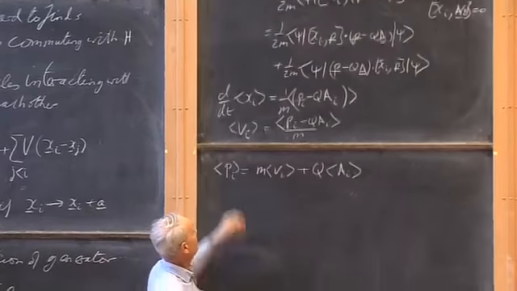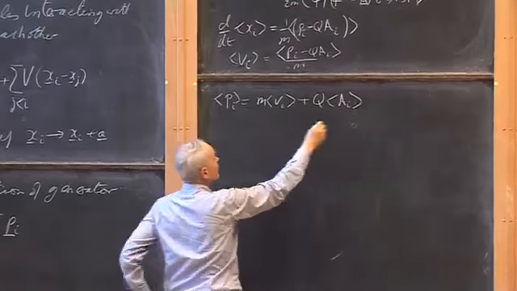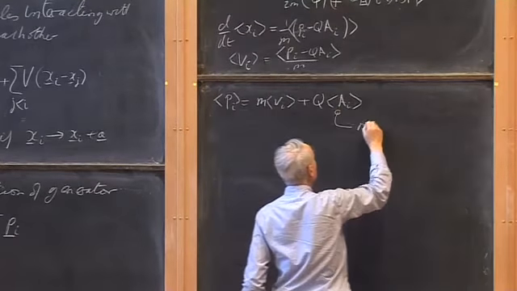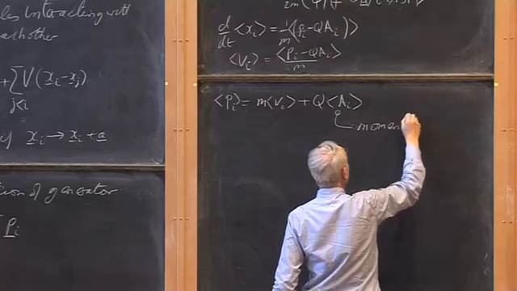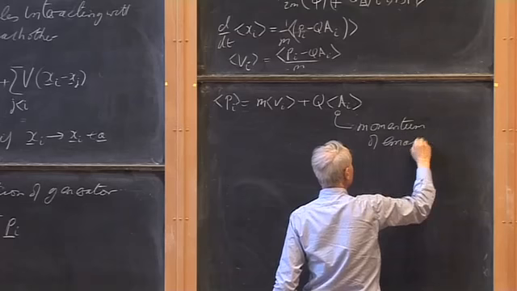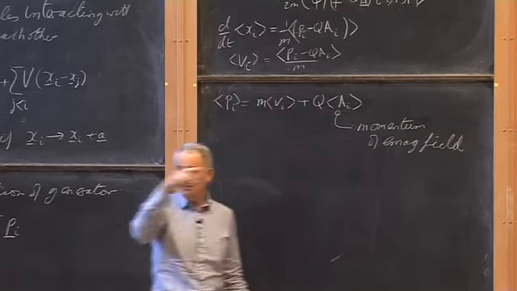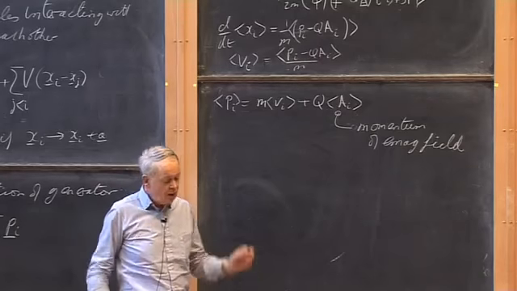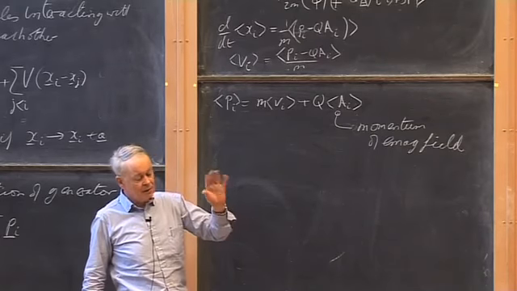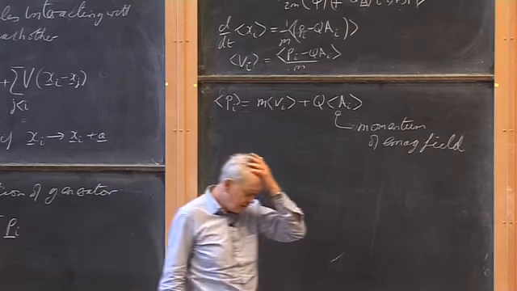And there's a problem on the problem sets that tries to convince you that this is obvious, that this is the momentum of the EMAG field. The point is that if you move a charged particle, you are moving its electrostatic field.